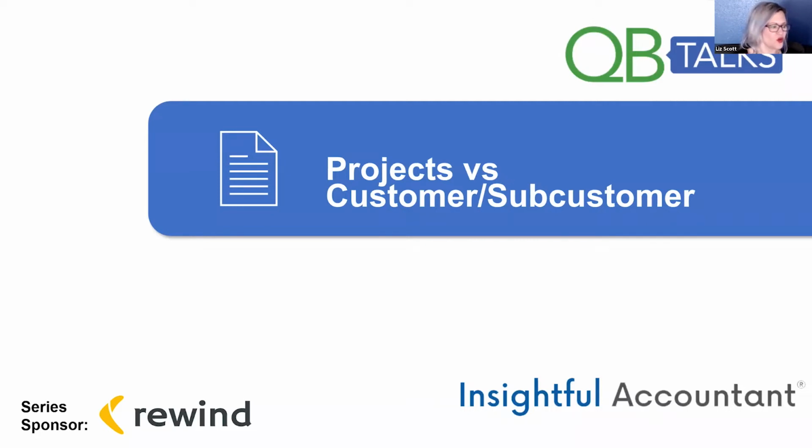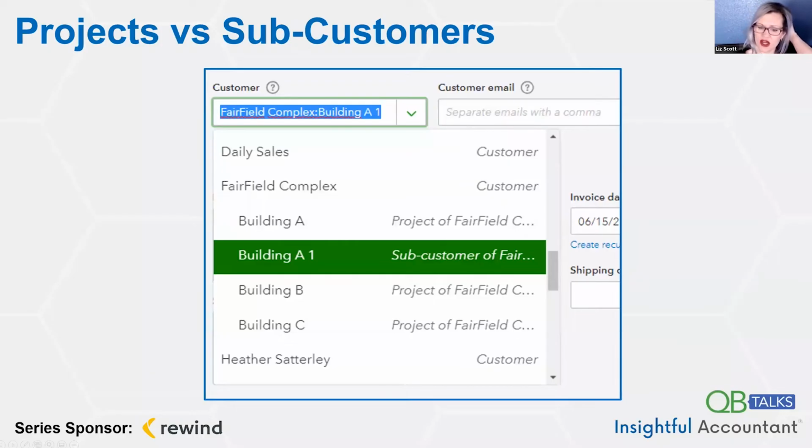But what really boils down to is the type of reports. How is it that you're able to pull reports? I've got a screenshot here where we've got Fairfield complex. Let's just say Fairfield is an apartment complex and there's a crew that's out doing work on the Fairfield complex.